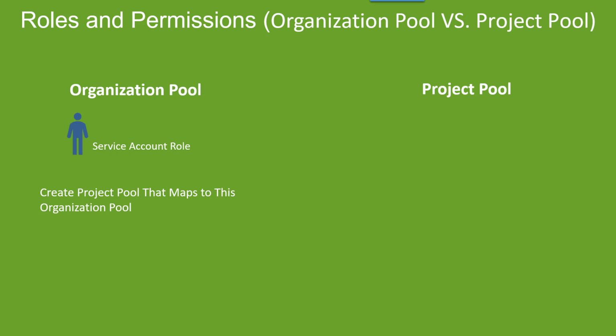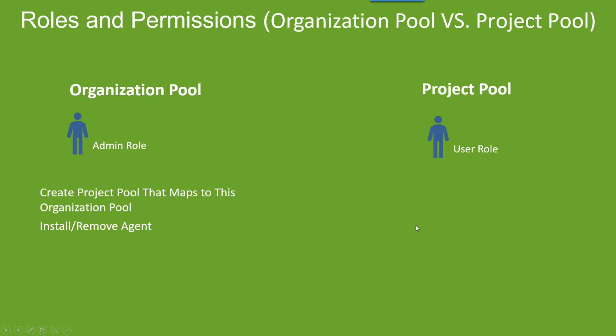This role can't install or uninstall any agent, but they can create a project pool which will be mapped to this organization pool. The admin role on the organization can install and remove agents besides creating the project pool. So besides the previous permission, they can also install and remove agents.